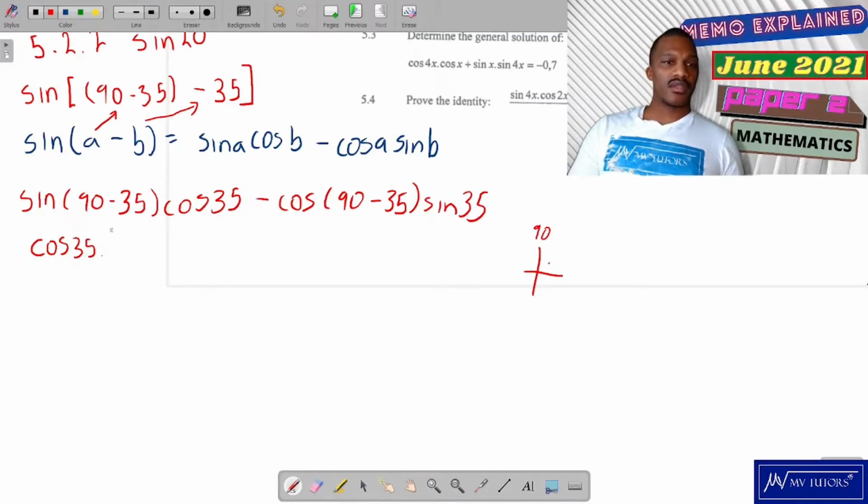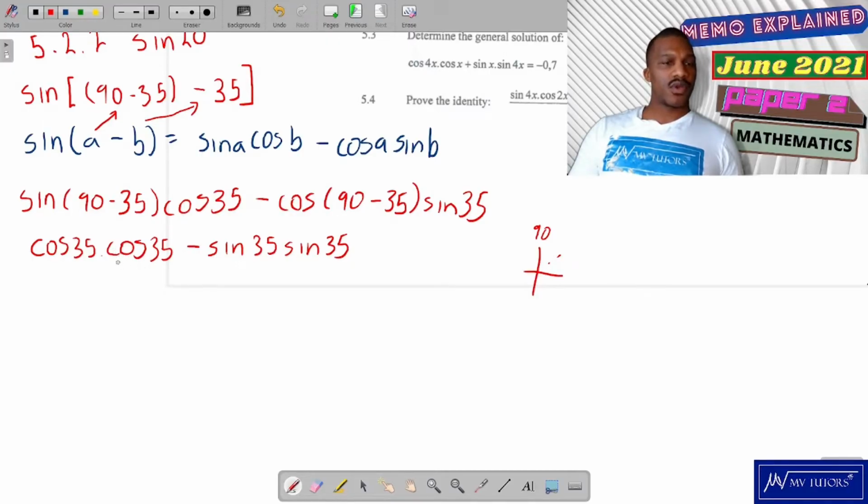Okay, and then this one still remains as cos 35. Minus, now cos 90 minus 35 is still in the first quadrant, and in the first quadrant cos is positive, so this negative will remain the same, and then the 90 changes a cos into a sine, so then here you'll have sine 35, and then you rewrite the sine 35 over there.